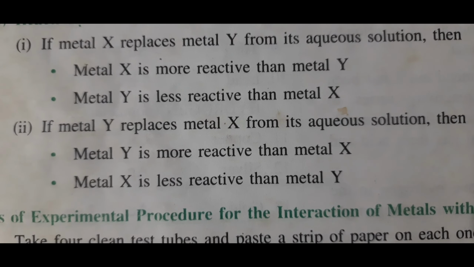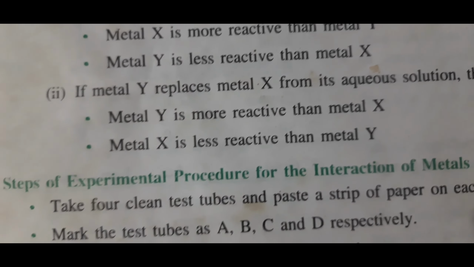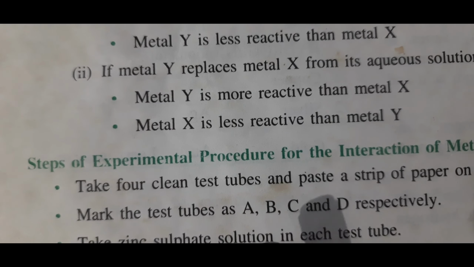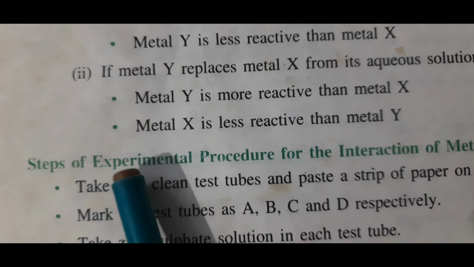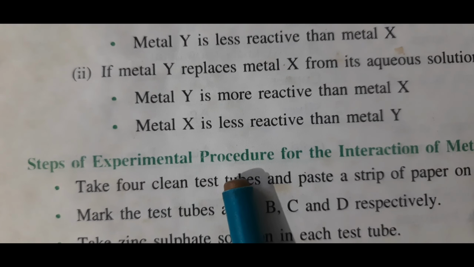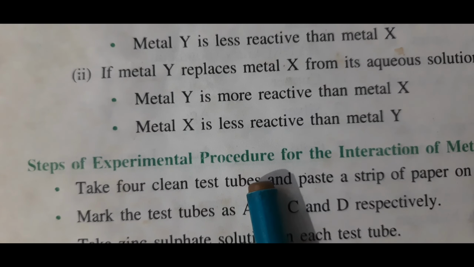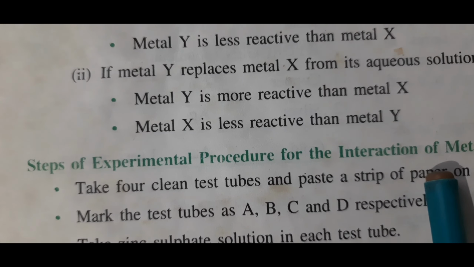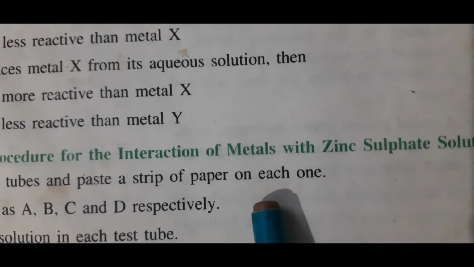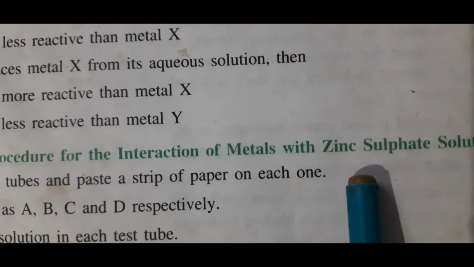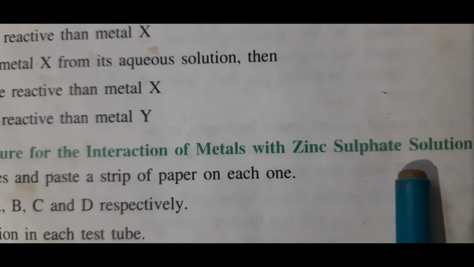Now, for doing the experiment, what are the steps we have to follow? The second heading, you can write with a black pen: steps of experimental procedure for interaction of metals with zinc sulfate solution.